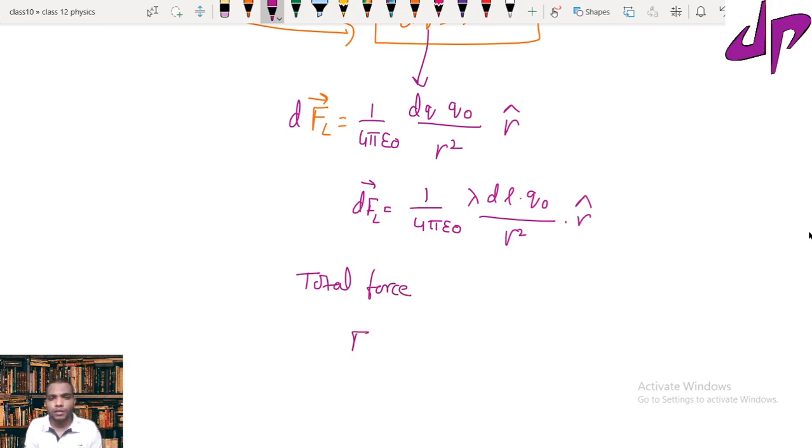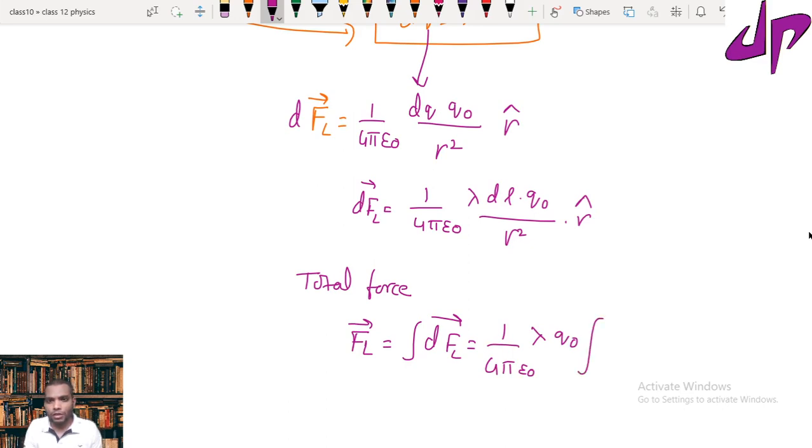Total force, that is F due to line charge distribution. To get the total force, we need to integrate dFL over the total length. Here, the non-integral terms first I will pull out. What are the non-integral terms? 1 over 4 pi epsilon naught, lambda is constant and q naught is constant.